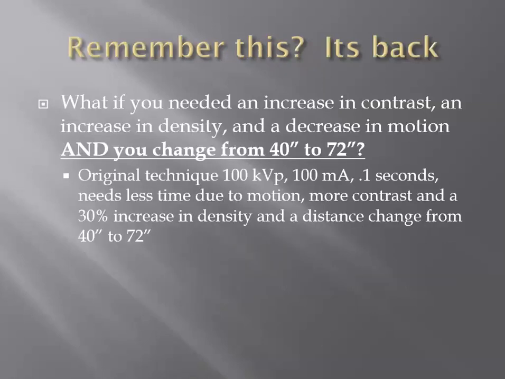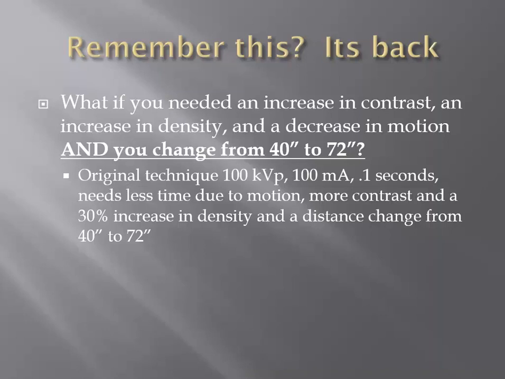So building on what we looked at before, what if you needed an increase in contrast? Stop there. If you need an increase in contrast, what do you need to do? Decrease kVp. And an increase in density or an increase in exposure, a decrease in motion, and you change from 40 to 72 inches. So you've got a lot of things going on here. So you need to take each one of those individually.